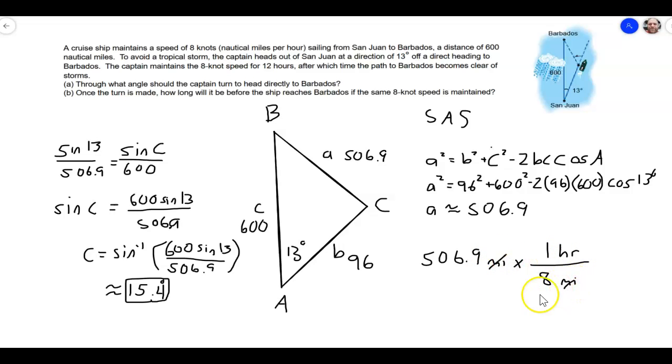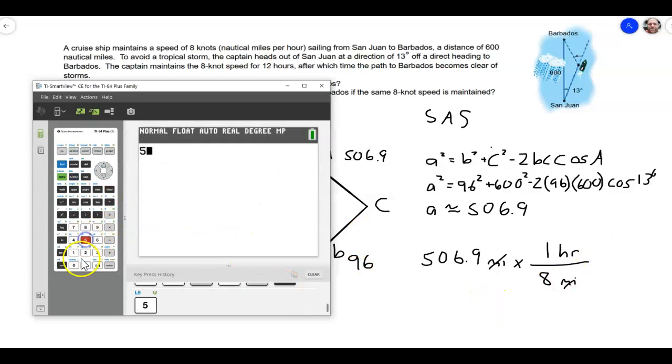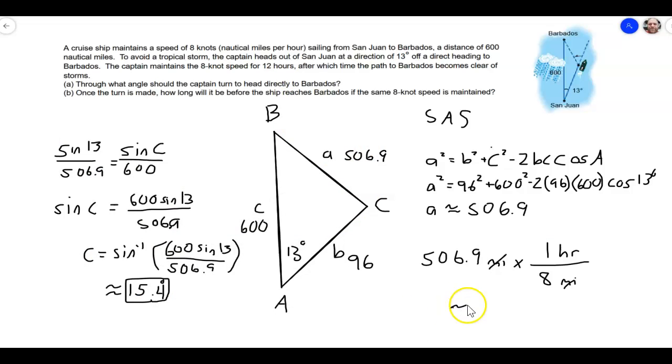And those will cancel out, and then I'm just left with 506.9 divided by 8, and that should tell me the number of hours. So 506.9 divided by 8, and I get 63.4. So this is approximately 63.4 hours to get from this point here to that point there.